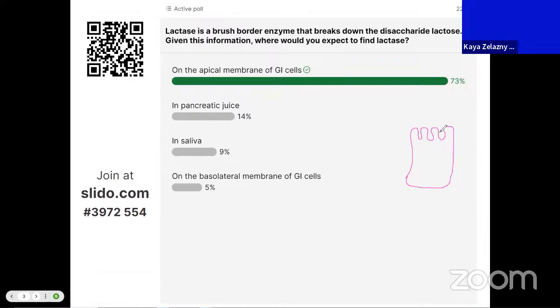And that apical membrane, the part touching the hollow of the GI tract, is termed a brush border because of the presence of these microvilli, which is what we're drawing when we're drawing these like loopy projections. So when we say that lactase is a brush border enzyme, what we mean is that we've got this enzyme embedded here on the apical membrane that would be touching the food as it's going past, right?